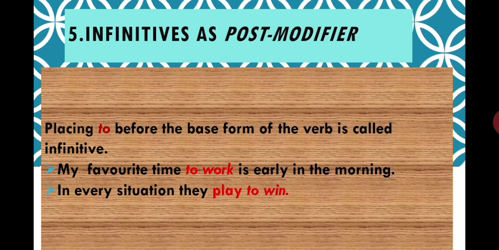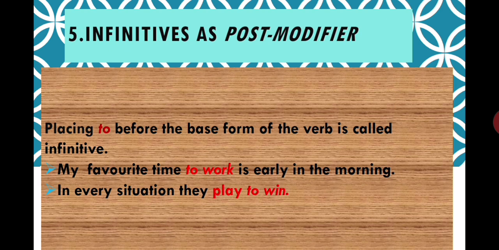In this sentence, to work is an infinitive and it comes after the noun time and adds information about the word time also. So, to work is a post modifier. It is an infinitive, but it is a post modifier also.